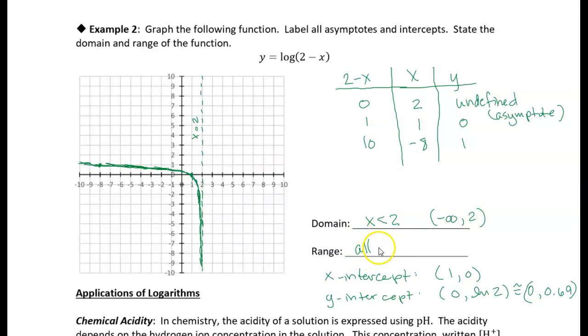So the range is just going to be all real numbers. Or we could actually list it in interval notation as minus infinity to infinity. Okay. All right, that takes care of our graphing example, and we'll move on to some applications.